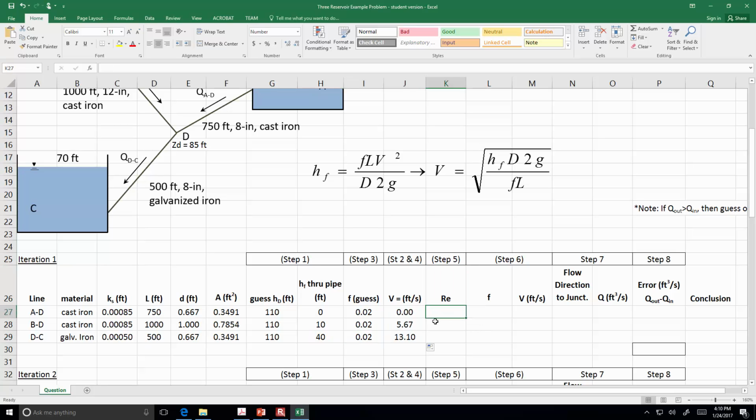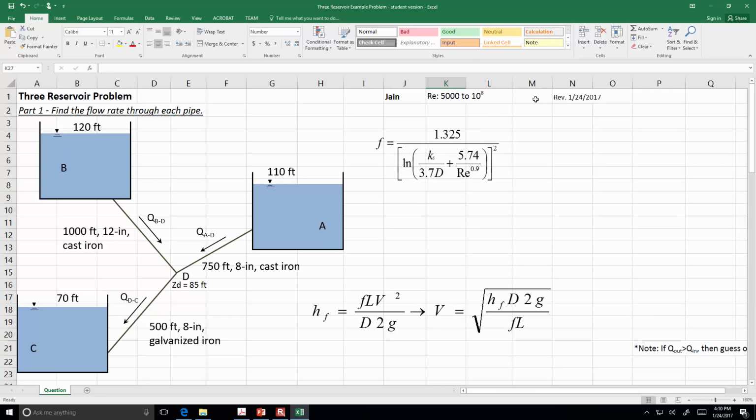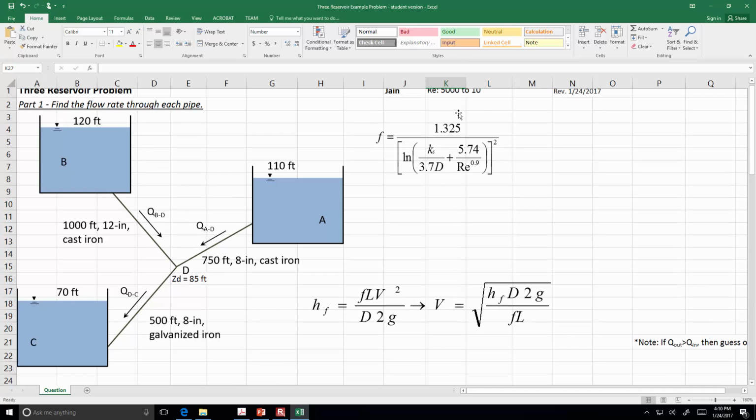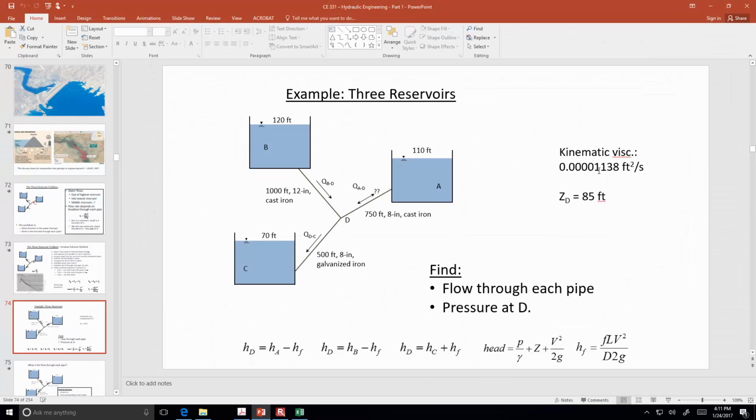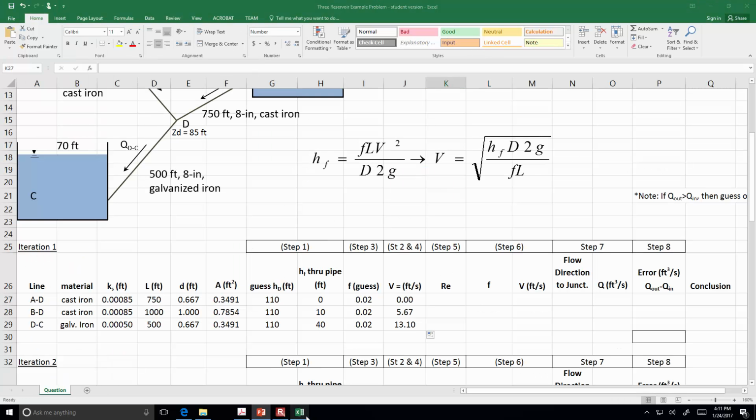We can calculate a Reynolds number from that. The kinematic viscosity of water in terms of British gravitational units. Here's the kinematic viscosity of water. That's 1.138 times 10 to the minus fifth.